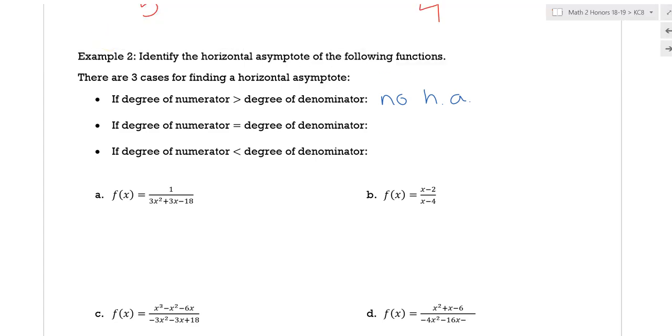If they are equal, right, then y equals the coefficient, and we really say the lead coefficient of the numerator, that should be an m, divided by the leading coefficient of the denominator.